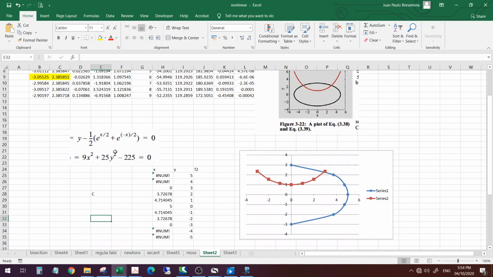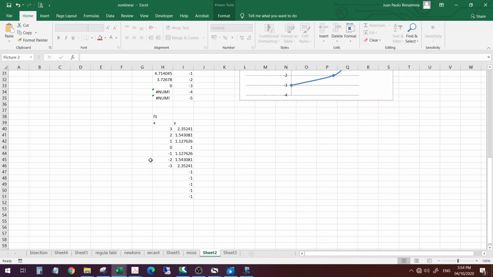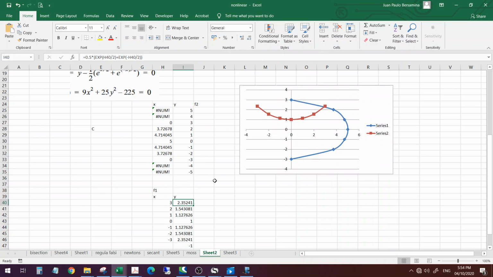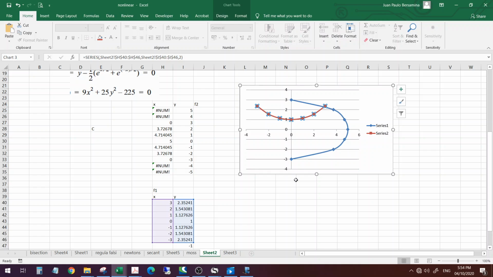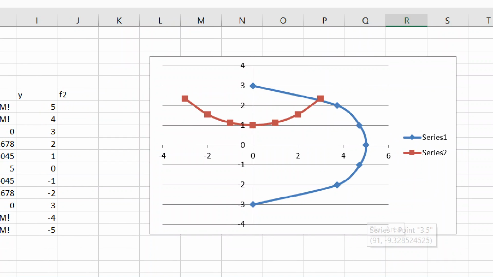For f1, I also transformed the equation into this. In order to plot this, you will see that the solution lies here, so we need to find this coordinate.